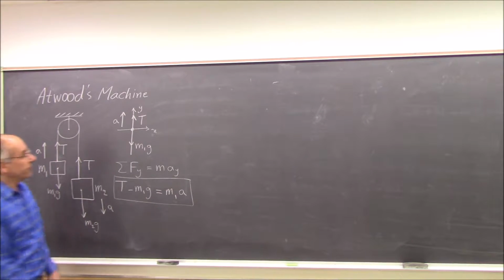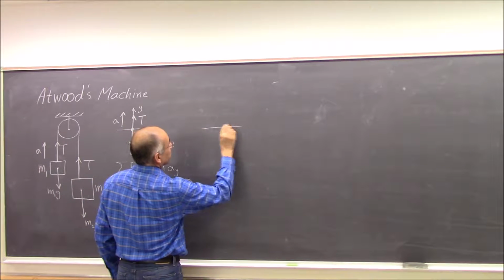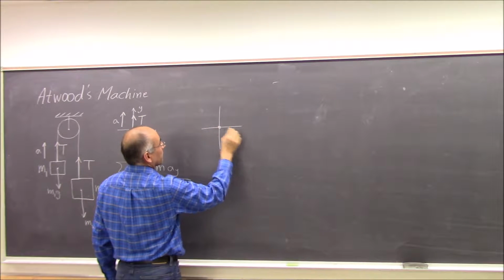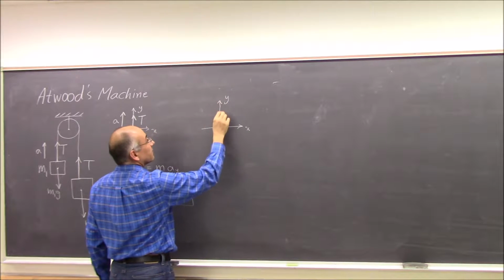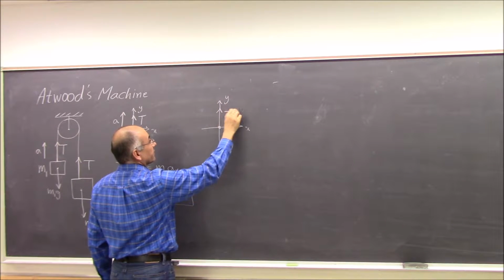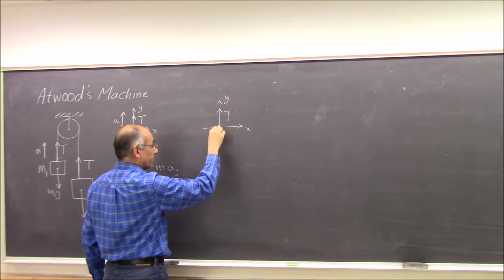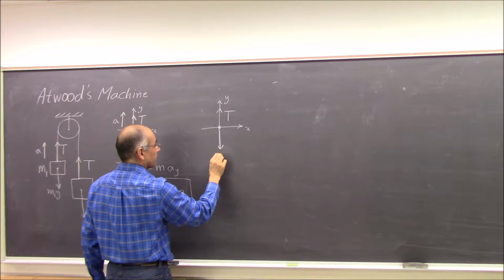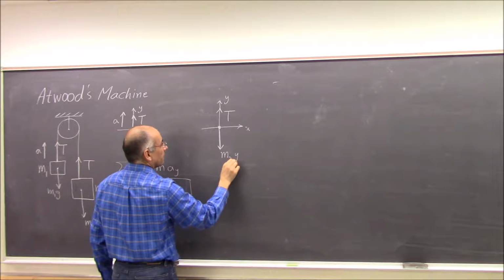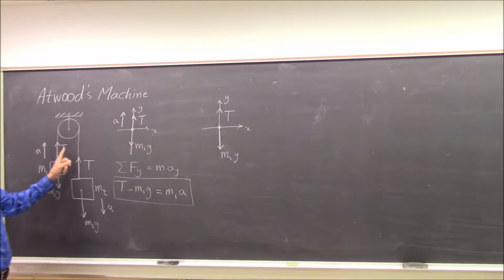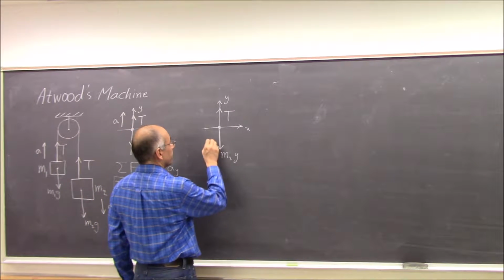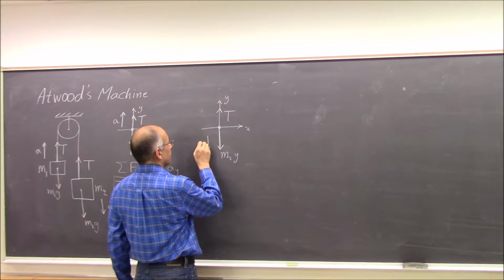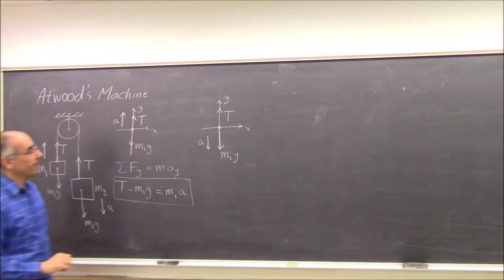And do the same thing for the other one. So if this is M2, X direction, Y direction, and you have the tension force, the same magnitude, because the pulley is massless and frictionless. So tensions are the same, the accelerations are the same, but the acceleration for this one is in the negative direction.